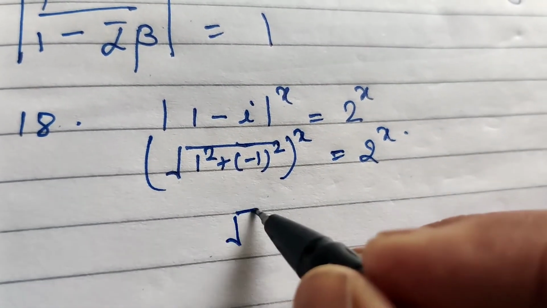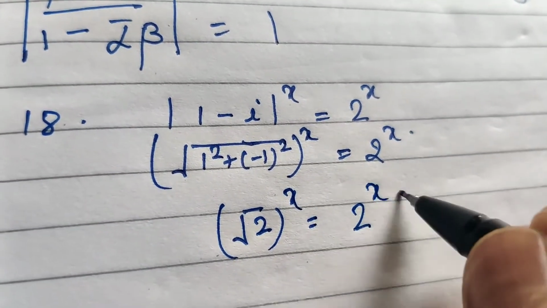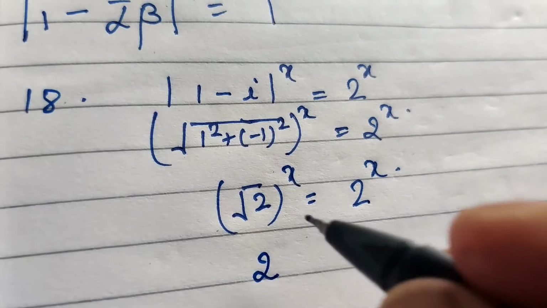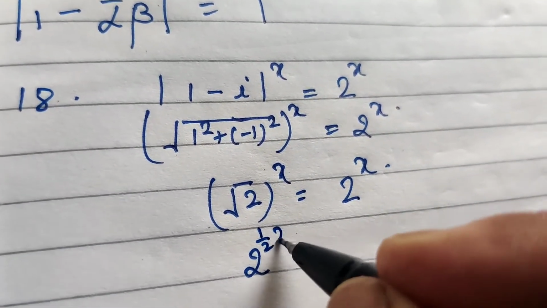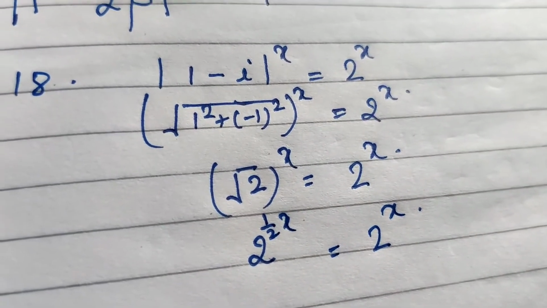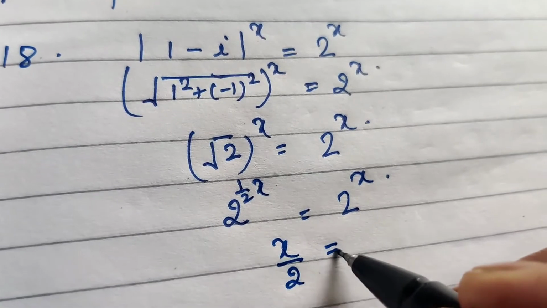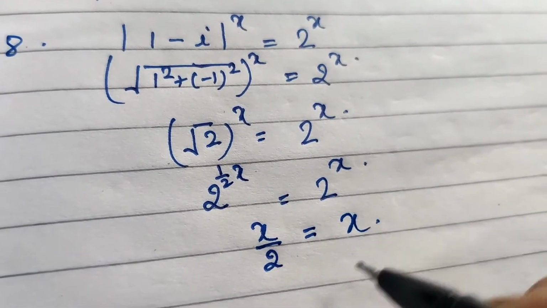It is equal to root 2 raised to power x equal to 2 raised to power x. We can write 2 raised to 1 by 2 x equal to 2 raised to power x.